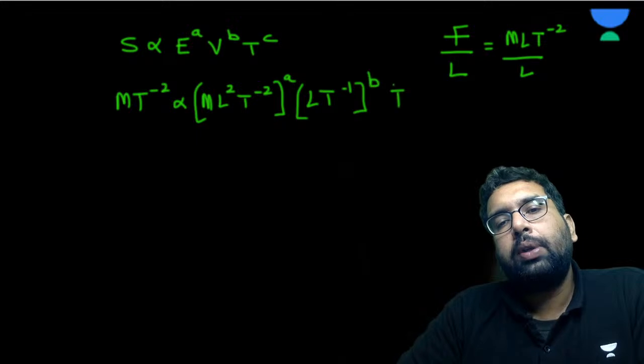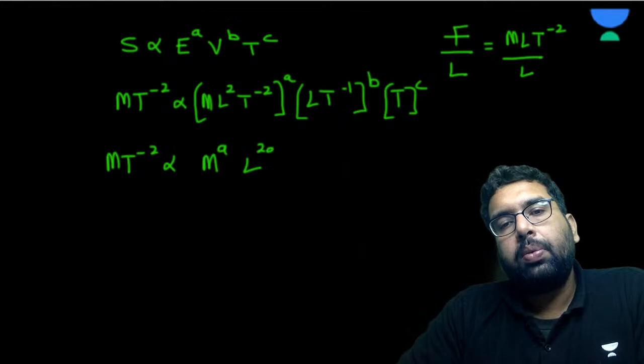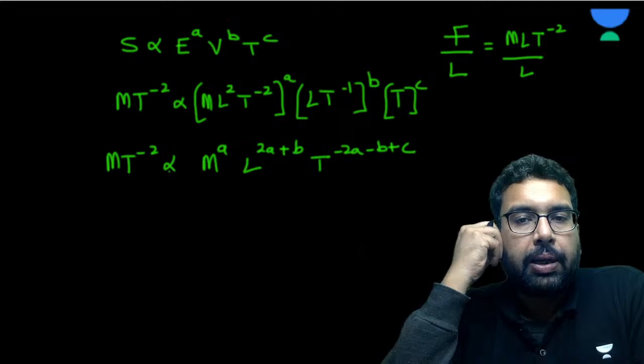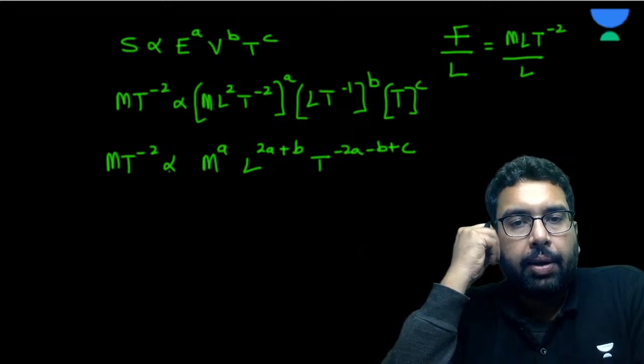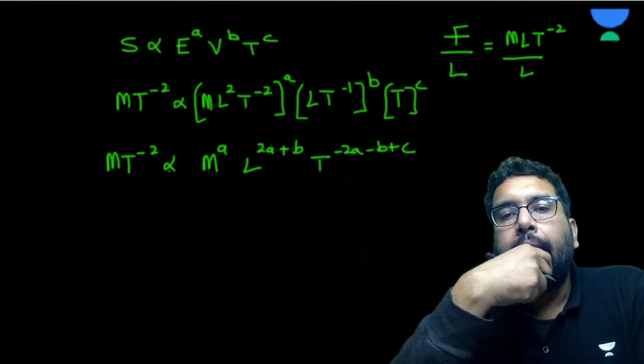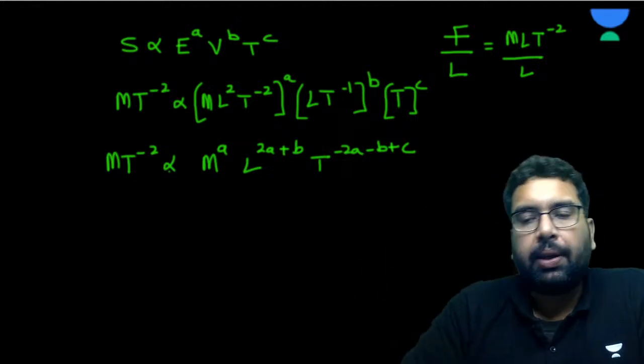And this is T to the power c, right? So it will become M T minus 2 equals M to the power a, L to the power 2a plus b, and T to the power minus 2a minus b plus c, right?